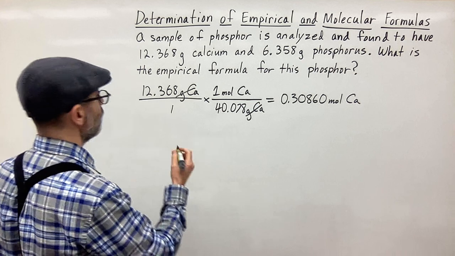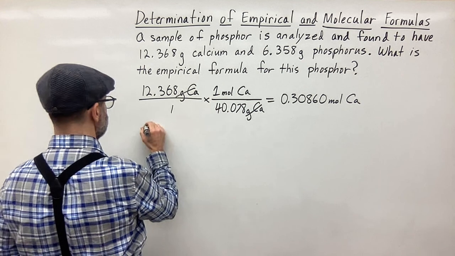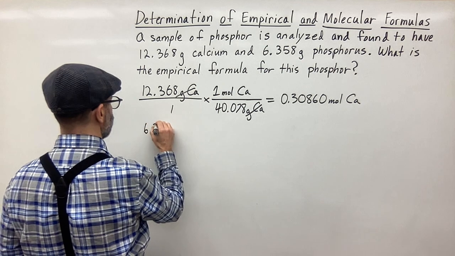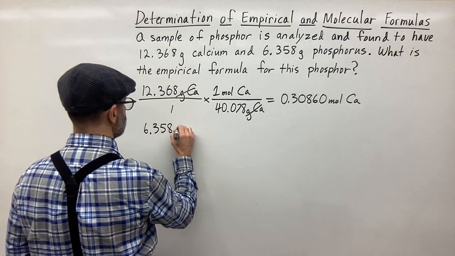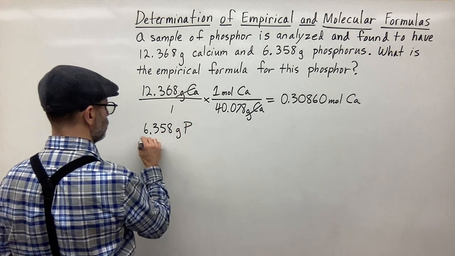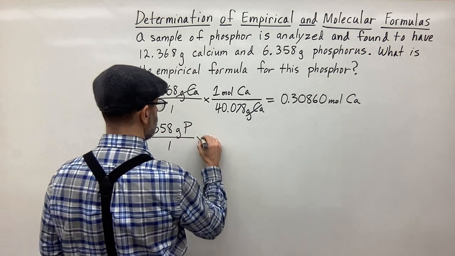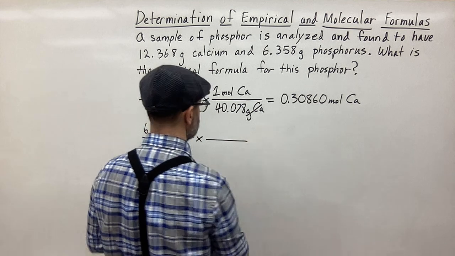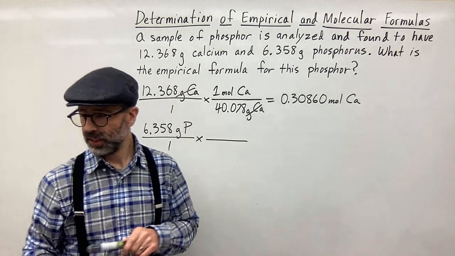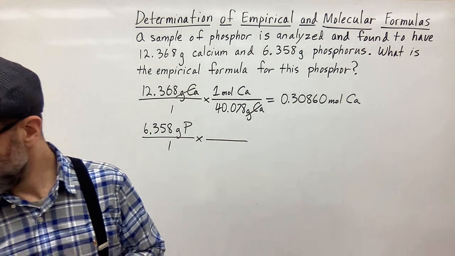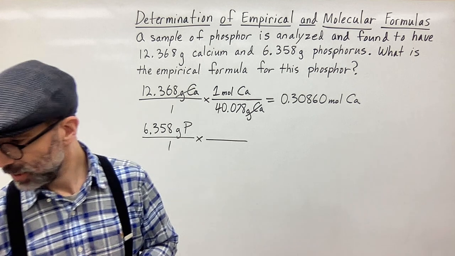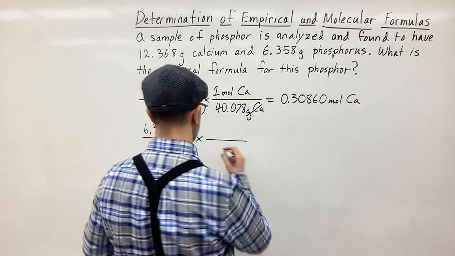And then I do the same thing with phosphorus. So I'm going to take the 6.358 grams of phosphorus, and I'm going to use the molar mass of phosphorus to convert that to moles. And the molar mass is 30.9738.